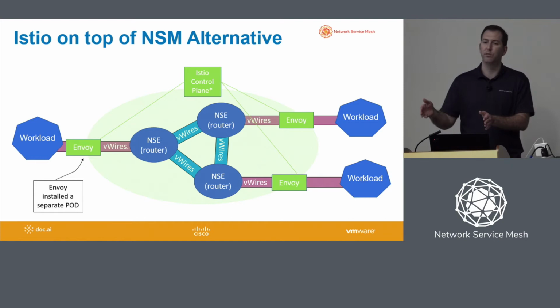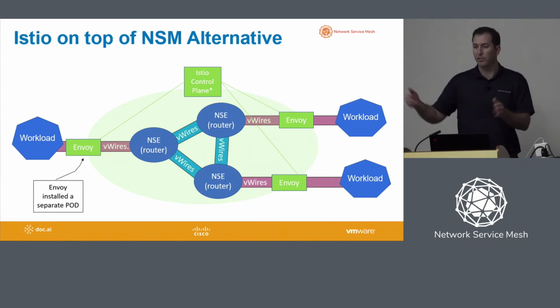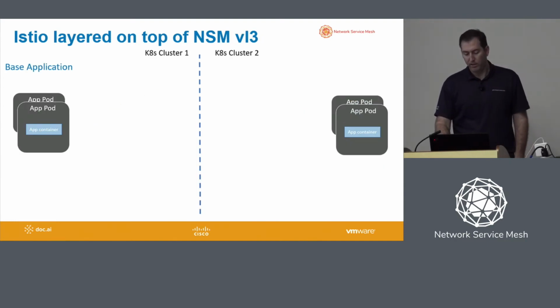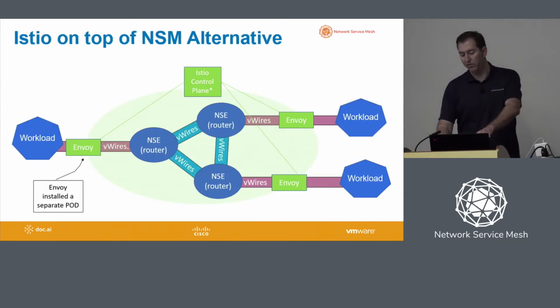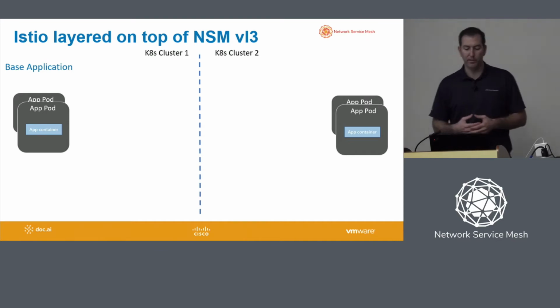I don't think there's two network services in the chain, are there? Or network service endpoints in the chain, that's one, yeah. But it could be extended easily to that. But I think there's some additional work that would have to go into the Istio integration to make this work. Yeah, sorry, that was a big segue. So anyway, Istio layered on top of NSM.